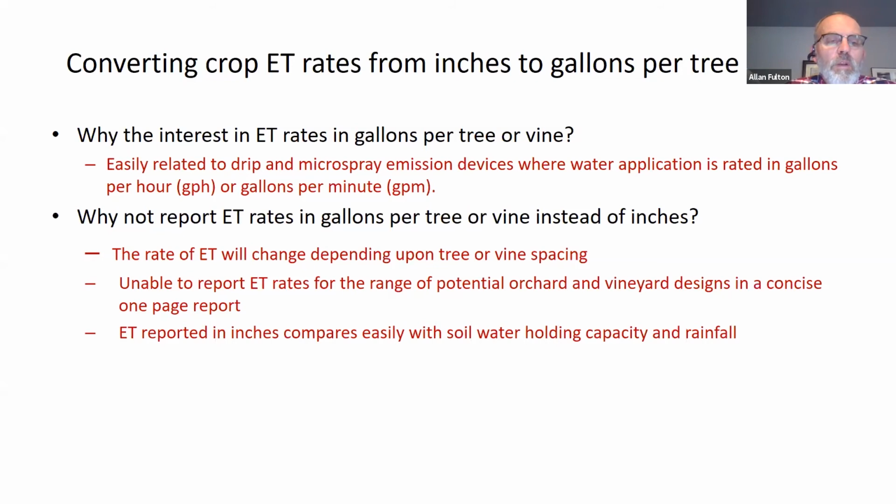And when we report our ET rates in inches, they are more easily compared and related to information about the soil water holding capacity of our soils, and they are more easily related and compared to rainfall that we might have received to offset the evapotranspiration.